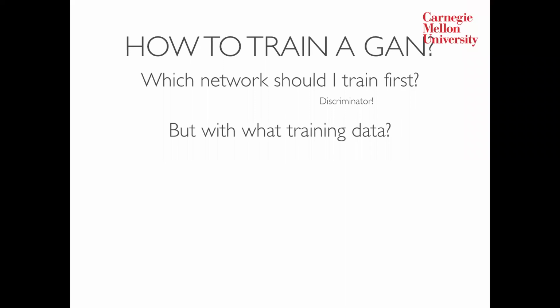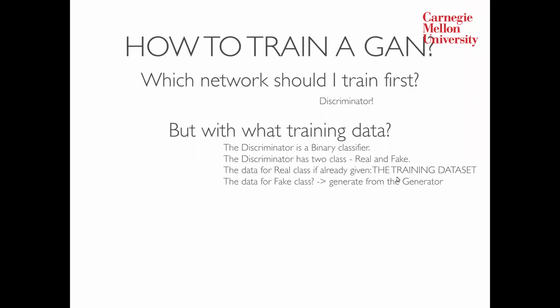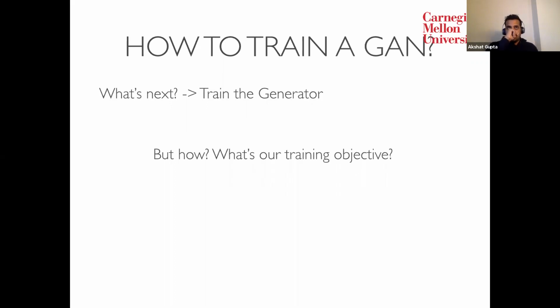I think with real data or whatever garbage the generator throws at it first. Yeah, so the discriminator is a binary classifier with two classes, real and fake data. Real data is the data set that we have. Fake data is anything by definition that comes out of the generator. We generate data for the fake class, and then we use that data to train the binary classifier.